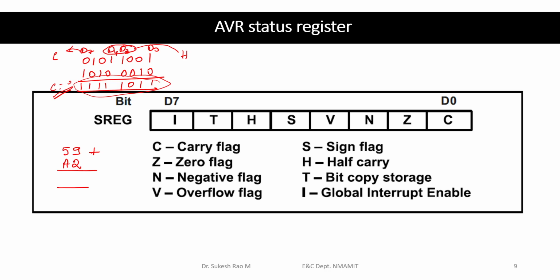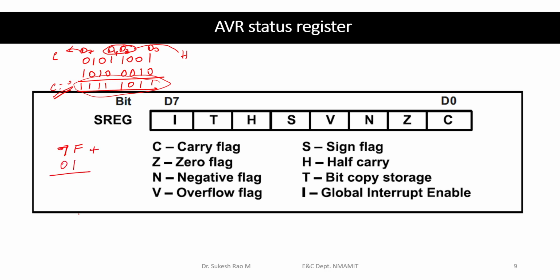Whenever you add two positive numbers and your result is negative, that is, the MSB shows it as negative, and it is beyond the boundary, that's overflow. For example, I'm adding 7F plus 1.